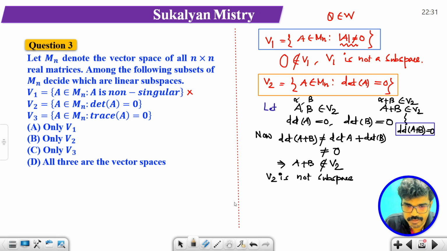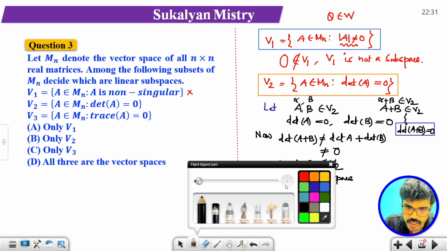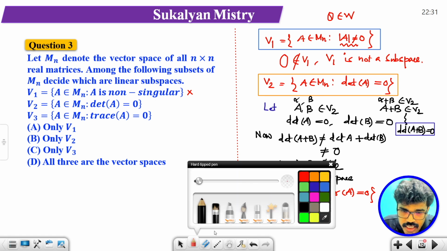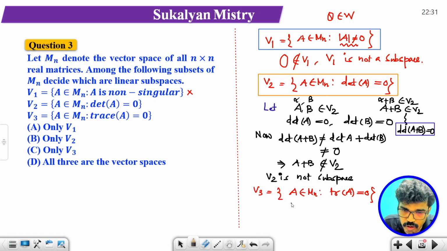Just see what v3 is. v3 is the set of all n cross n matrices such that the trace of the matrix is 0. So obviously the null matrix belongs to v3, so that means v3 is a non-empty set.